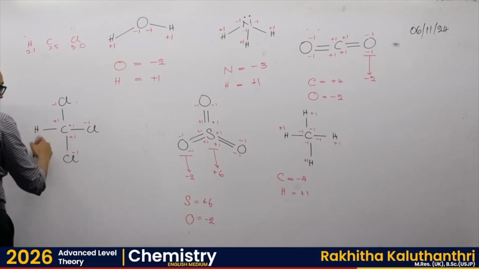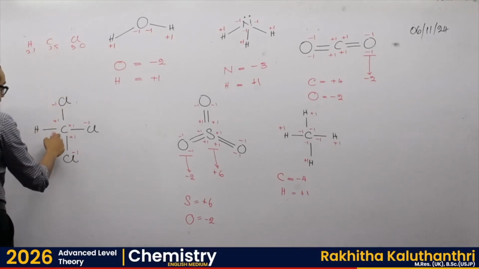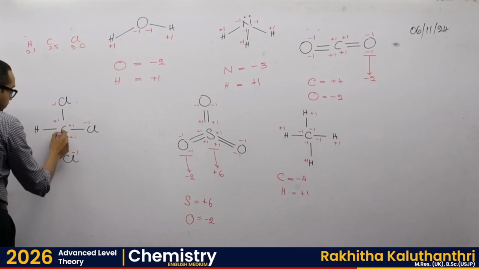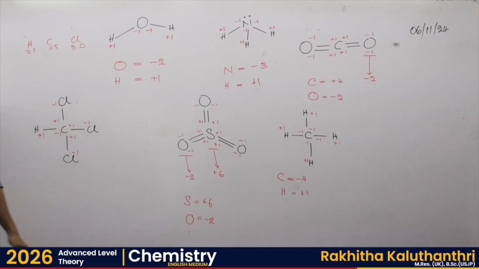Carbon hydrogen bond, however, carbon is more electronegative. So in the carbon hydrogen bond, carbon gets -1 because the electrons of the carbon hydrogen bond go to carbon and hydrogen becomes +1. Is that clear? Is that understood?